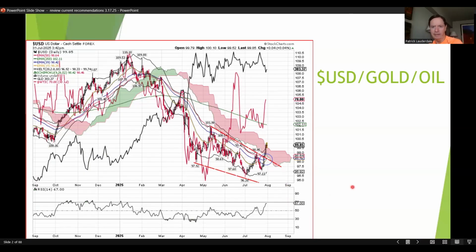And so now it's like, well, what do we do? Do we sell all our metals? Well, I'm kind of holding pat right here, no pun intended. You can see that all the moving averages have come together in a bullish rainbow convergence for the dollar.